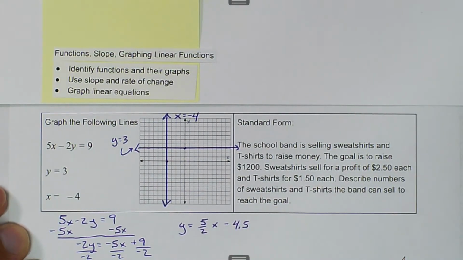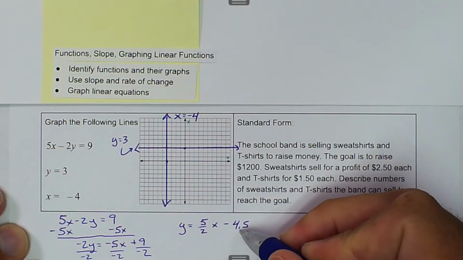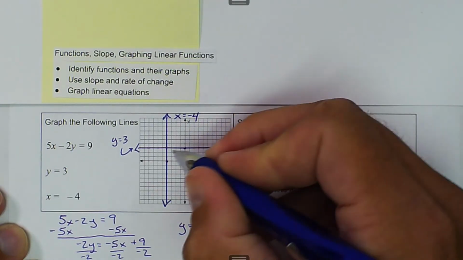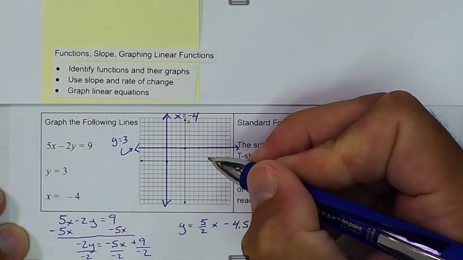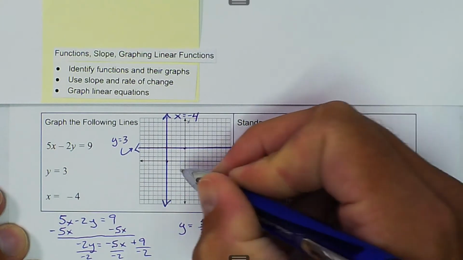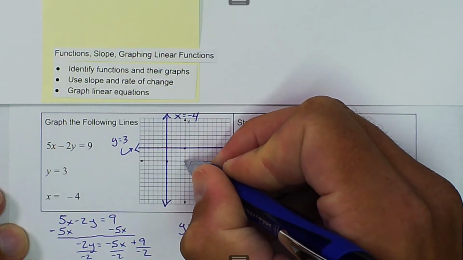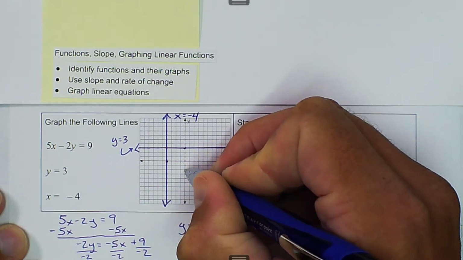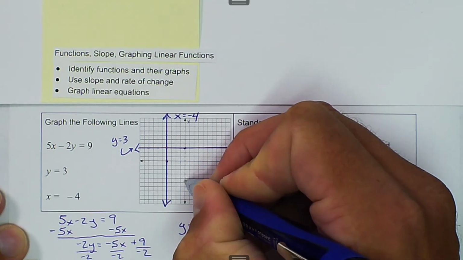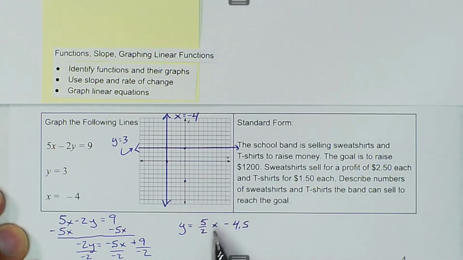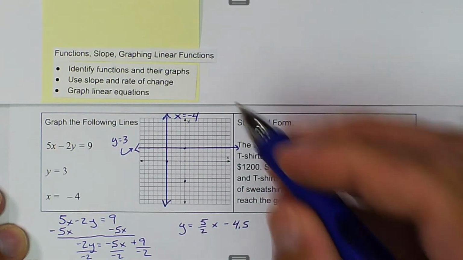So when we go to graph that, we should have our y-intercept of -4.5, which is 1, 2, 3, 4.5. And then for our slope, we should go up 5/2.